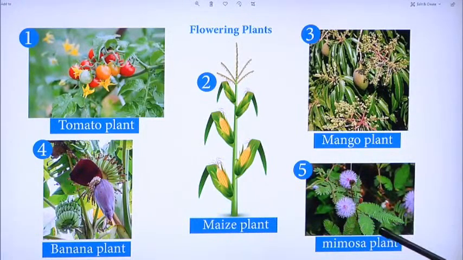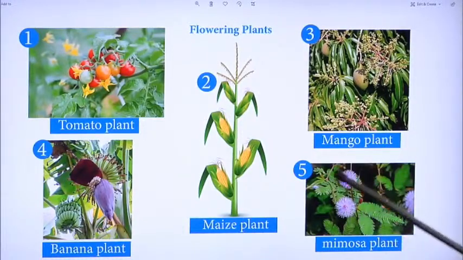I hope you remember this plant. Look at it well. Let's see if it has flowers. Good. How many flowers? 1, 2, 3. Let's see inside. It is what? Is it pink? Okay, pink.